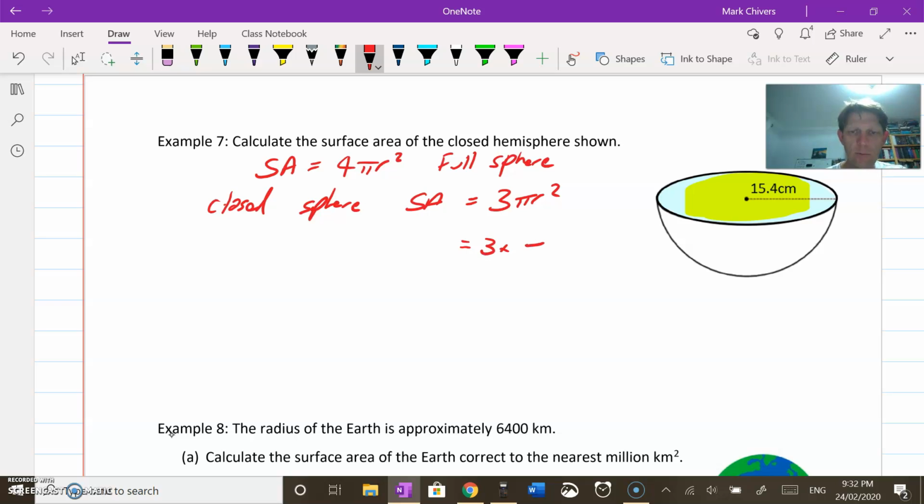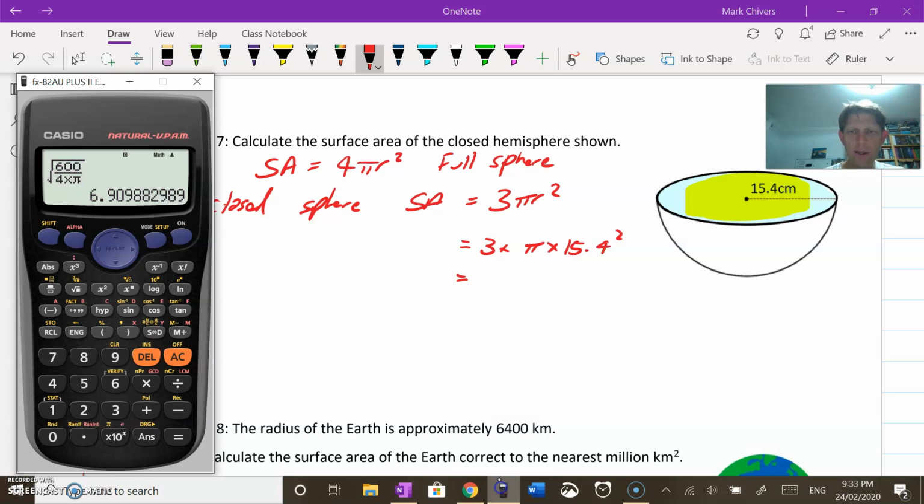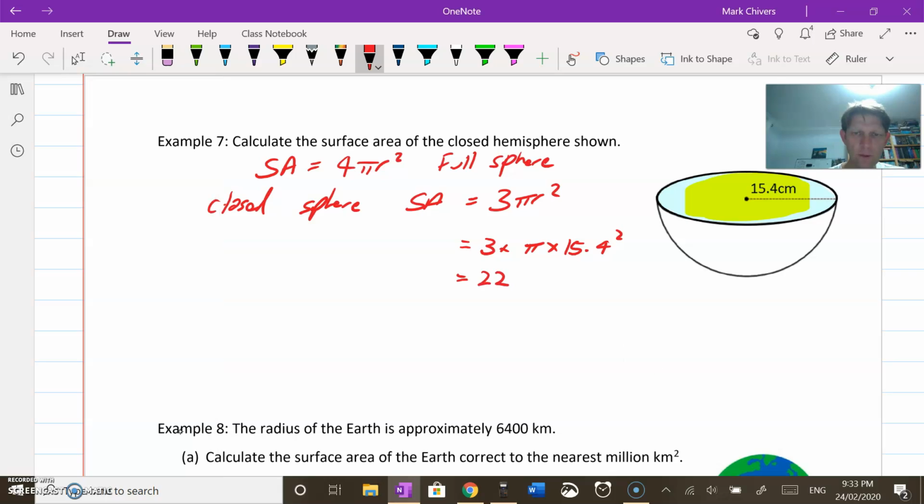We have 3 times pi times our radius, which is 15.4, and we square that, and we'll plug that all in the calculator. So 3 times pi times 15.4 squared, and that comes out as 2235.2 centimeters squared to 1 decimal place.